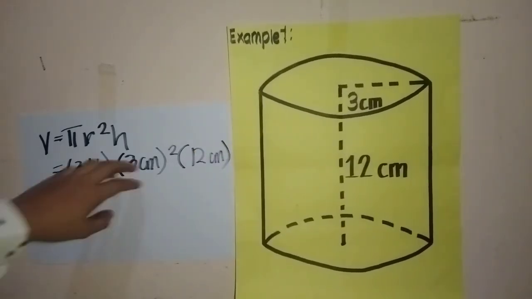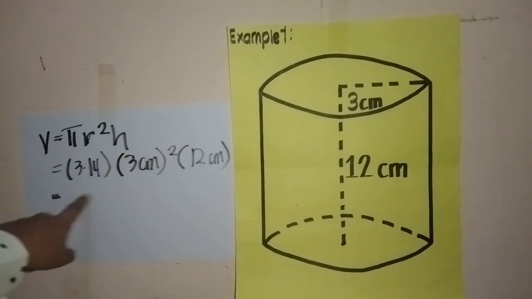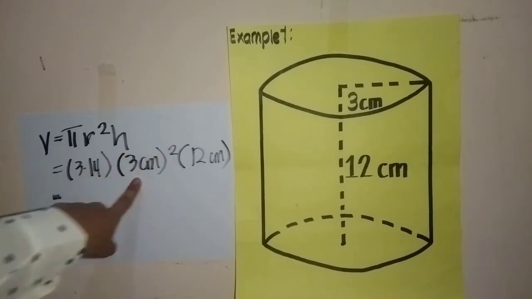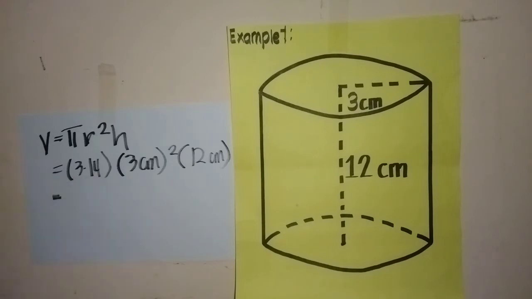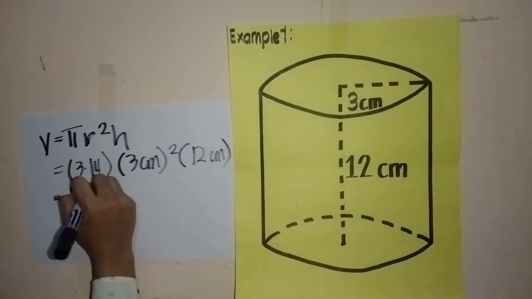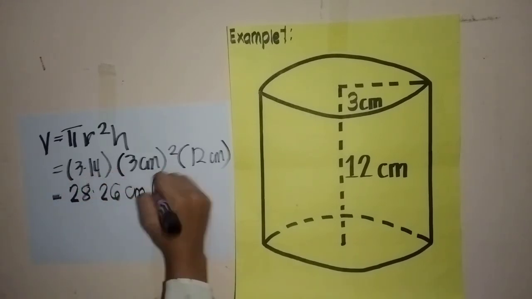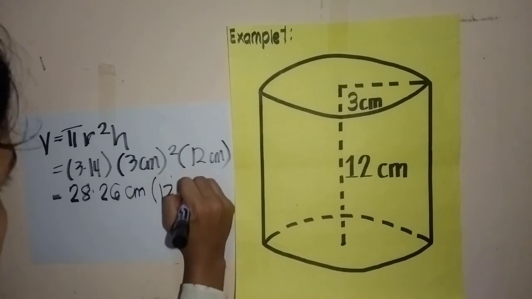So 3.14 times 3 squared, and 3 squared is equal to 9. So 3.14 times 9 is equal to 28.26 centimeters, times 12 centimeters.